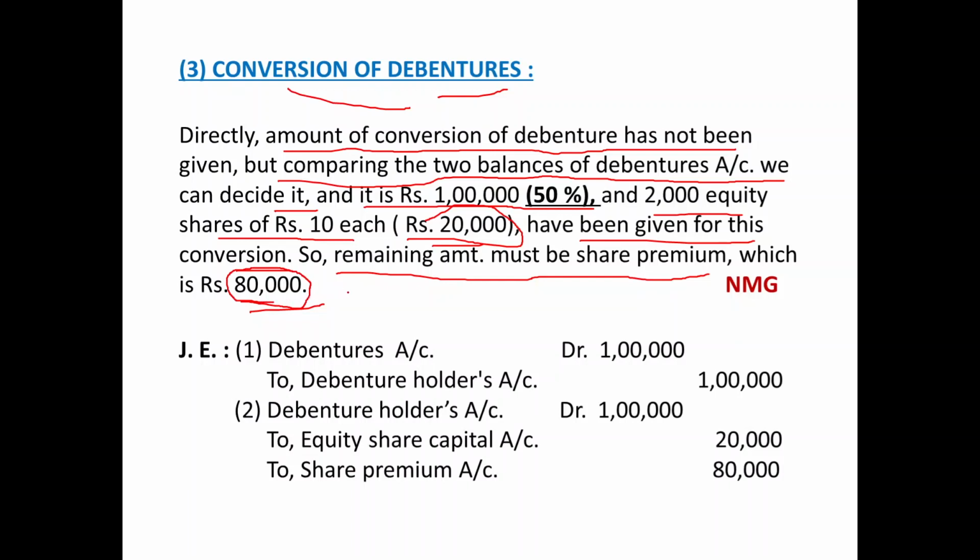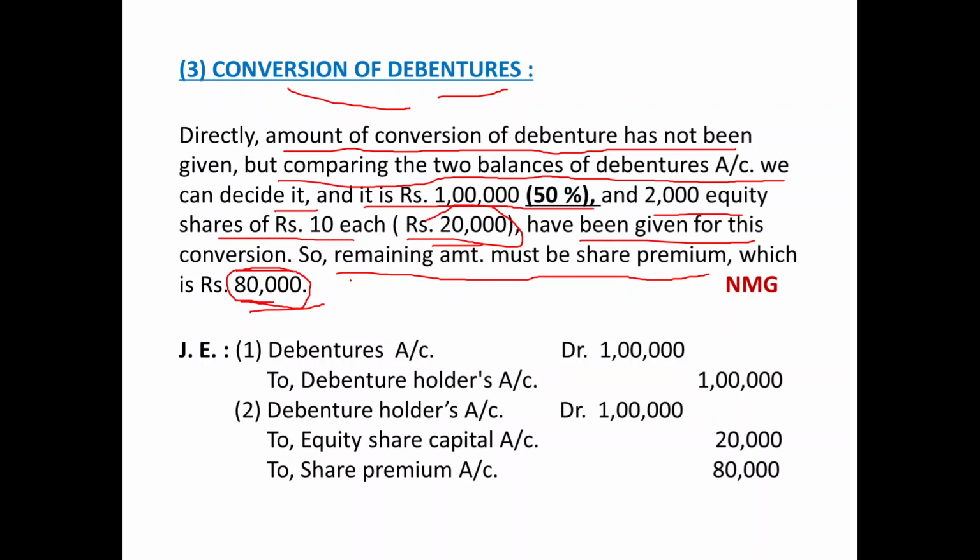It means 2000 shares into 50 gives 1 lakh. So you can say the prevailing market price of the equity shares of this company may be hovering around rupees 50 in the market. तो कंपनी ने ये 50 रुपीस की मार्केट प्राइस इक्विटी शेयर्स की चार्ज करी है ये कन्वर्जन के लिए डिबेंचर होल्डर्स के लिए.